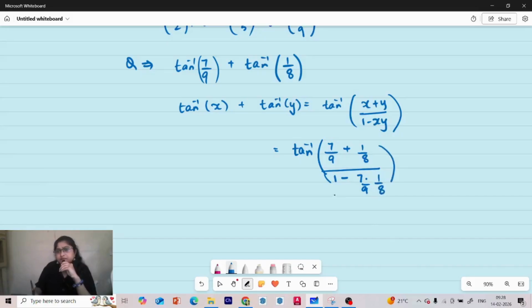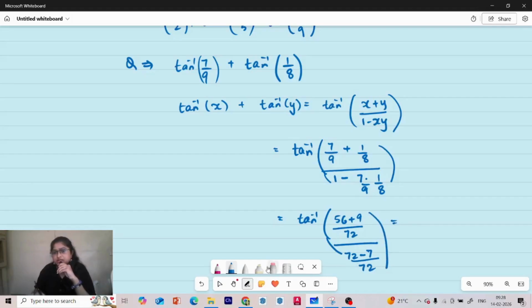That becomes tan inverse of (8 sevens are 56 plus 9) by 72, whole divided by (72 minus 7) by 72. Let's simplify this, sorry for that bracket.